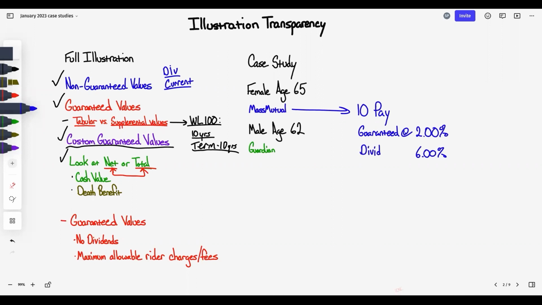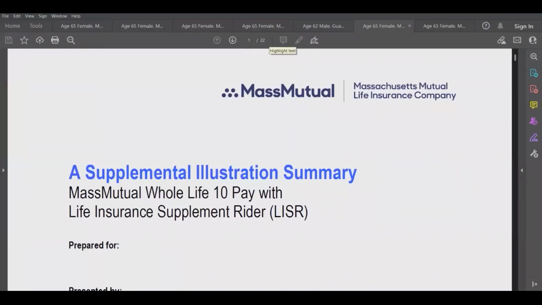Now, when you look at the dividend column on a life insurance illustration, does that reflect the dividend rate of 6%? No. Remember, the guaranteed portion is not included in that column. And you'll see that if we have a chance to go through it. So let's take a look at this first. But what I want to focus on are the non-guaranteed values and then also the guaranteed values. So here we go, a recent illustration.